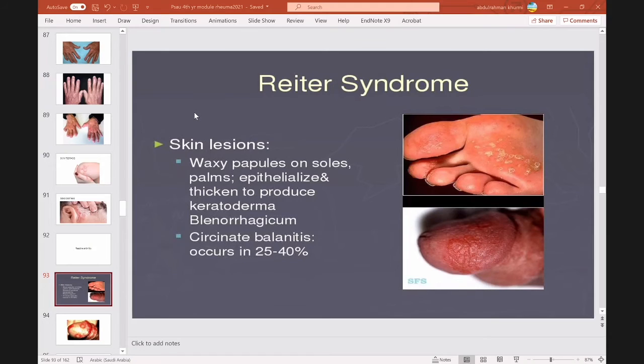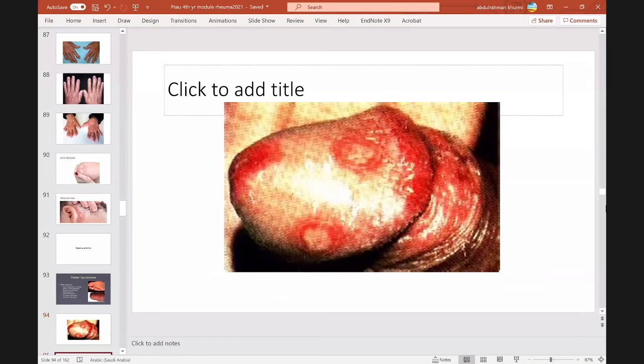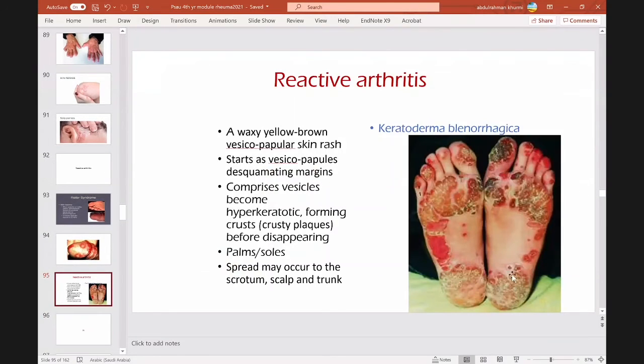You can see here these ulcers, or what we call circinate balanitis, and it is associated with keratoderma blennorrhagicum. This is keratoderma blennorrhagicum.